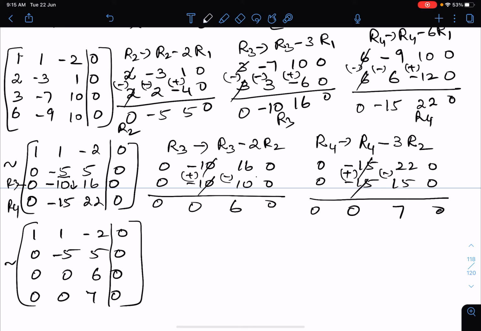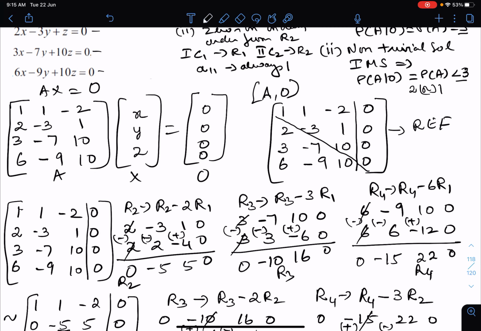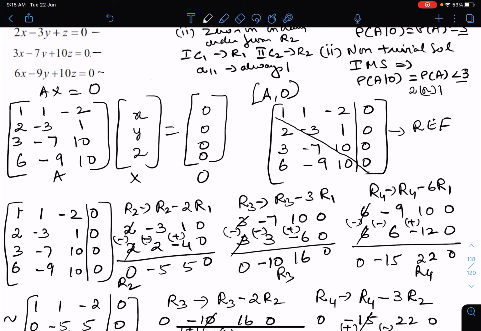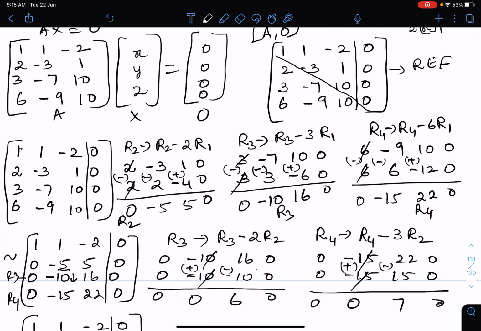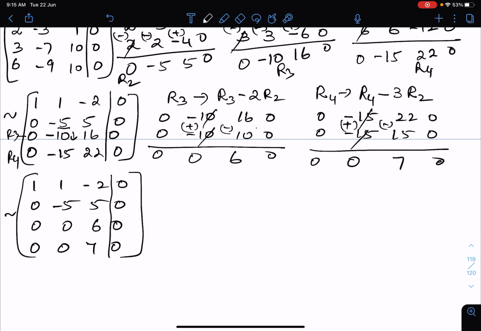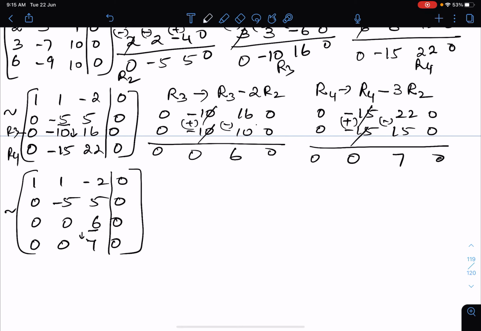Now what you are going to do is, below the 6 also you should get 0. Here we have drawn the line, isn't it? So first column is okay, second column 2 zeros, and the third column you have to get 0 below this 6. So you have to take the help of R3. So R4 you are going to change: 6 R4 minus 7 R3.